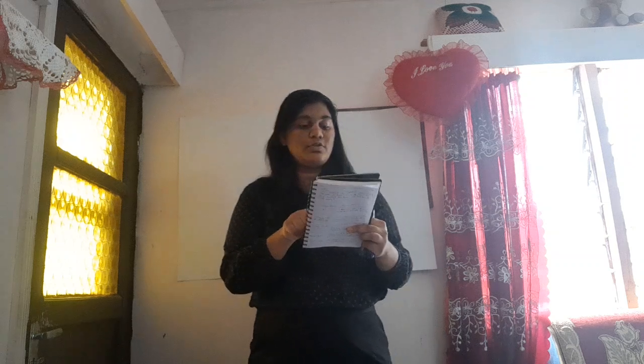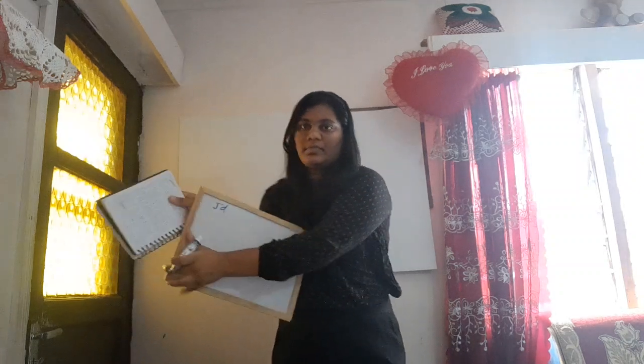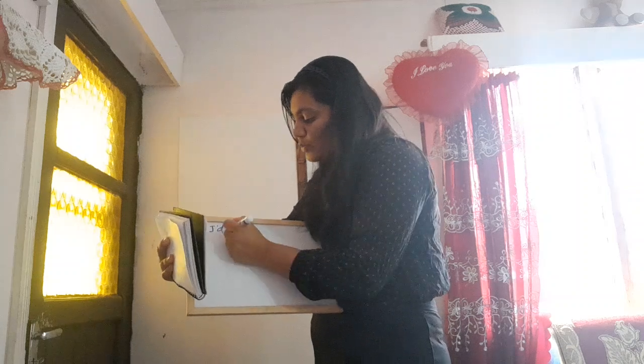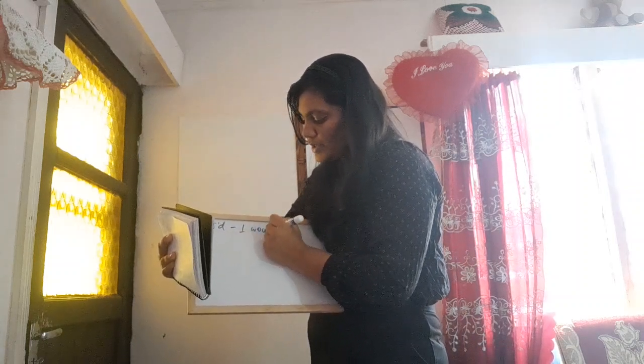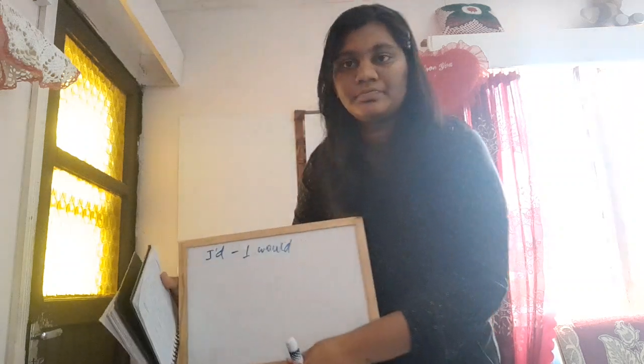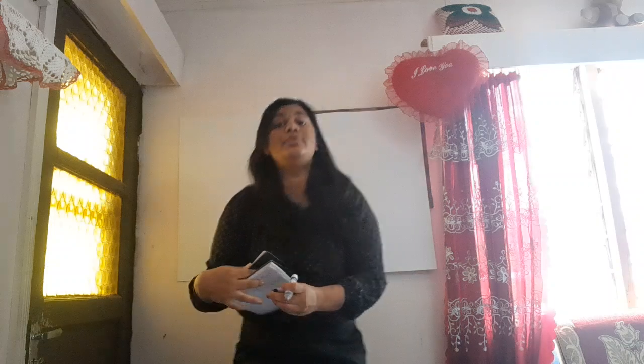A contraction is a shorter version of a word. For example, when you write "I'd", that is how you write it as a contraction. You have to avoid this. Instead, you will write "I would". You need to avoid these contractions.